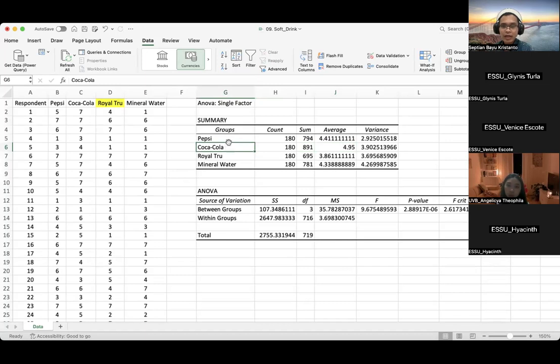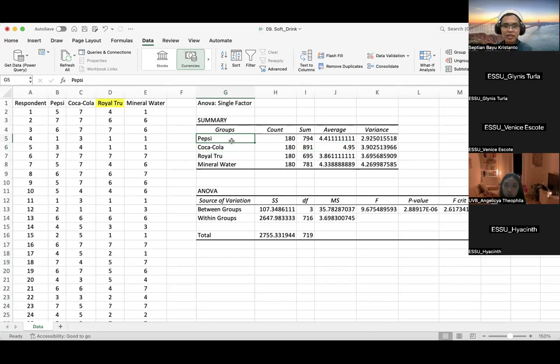Even though both Coca-Cola and Pepsi are global products, they are in competing positions. Most people like Coca-Cola and Pepsi in a global way, not only in the Philippines, also in Indonesia.